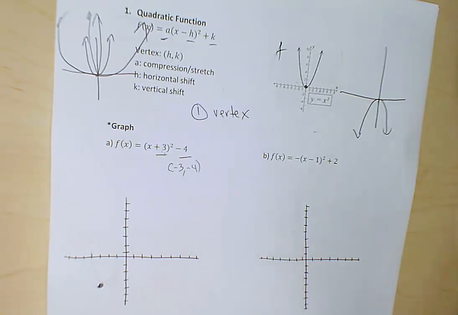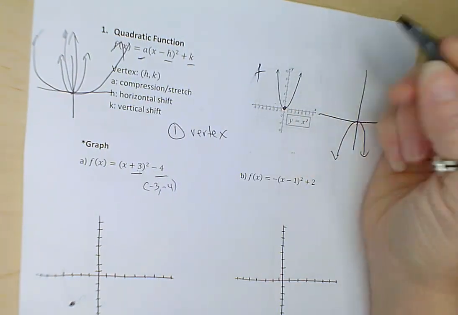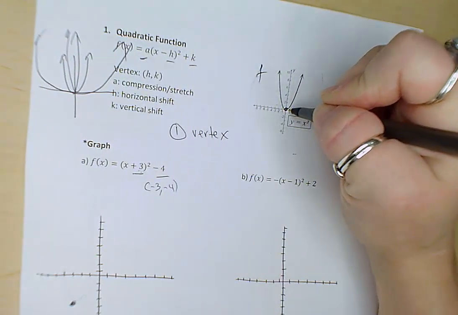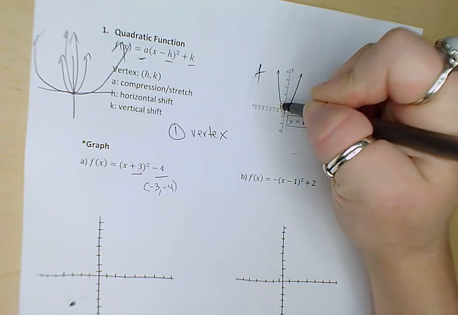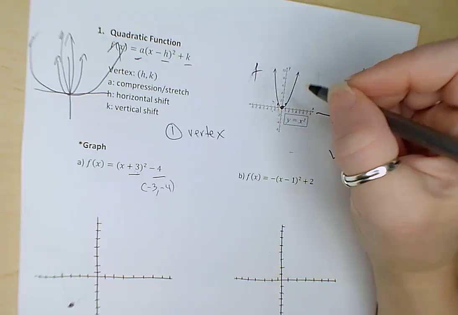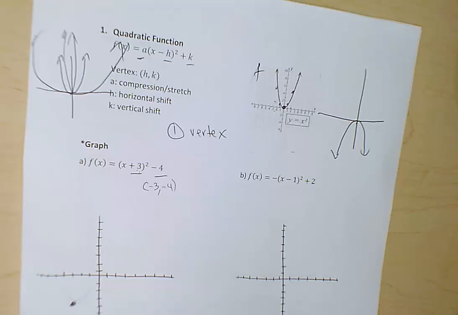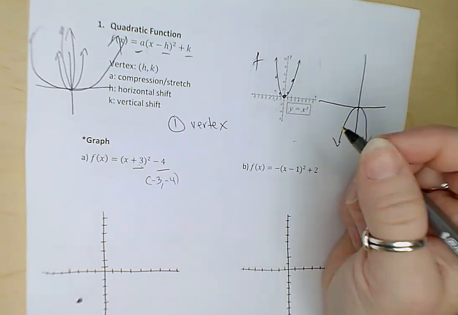Otherwise, we can go to our shifts for our points. So back up to our parent function. From 0, 0, the next points are over 1, up 1, over 1, up 1 on either side: +1, +1, -1, -1. And then it would be 2 and 4, -2 and 4. So you want to remember those points.